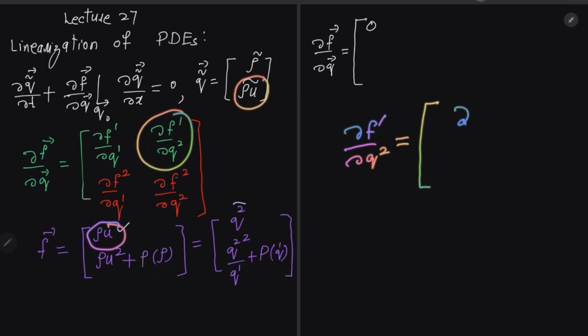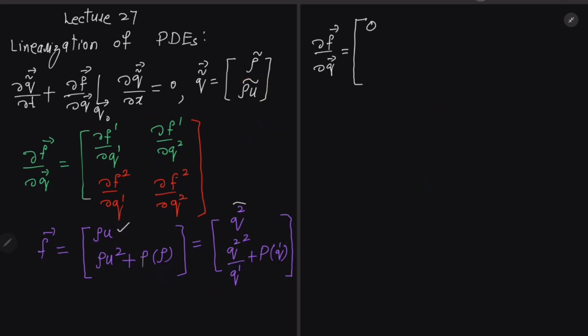What is q2? Although this is rho u tilde, we need rho u. So the derivative of rho u with respect to rho u is equal to 1. So we get 1. Similarly, you calculate all the other derivatives.